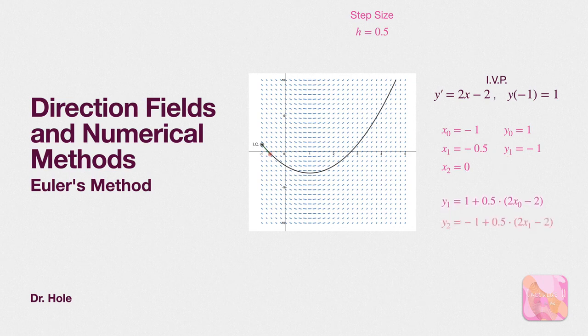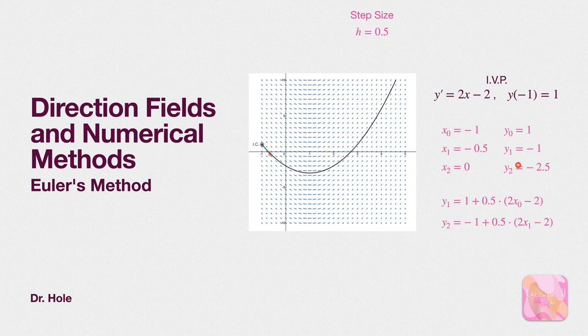Well, we use the same formula. y2 is the previous y value plus the step size, the run, times the slope. The slope where? The slope at the previous dot. So that's 2 times the previous x-coordinate, -0.5, minus 2. That's dictated by the differential equation. Plug in the values and get the next y-coordinate being -2.5.